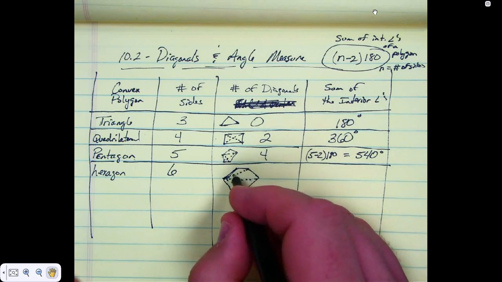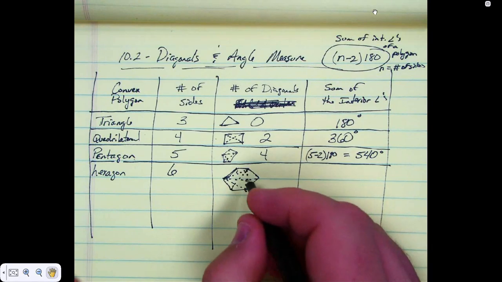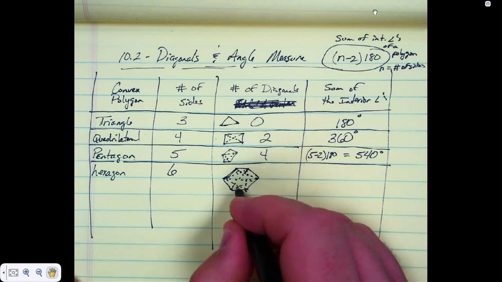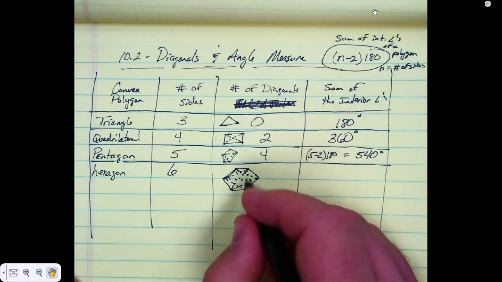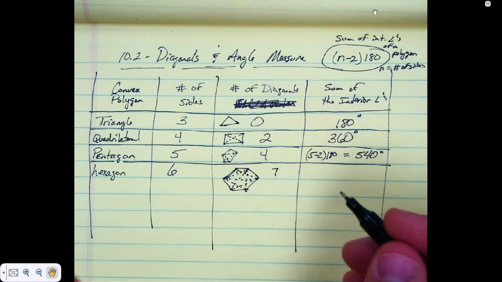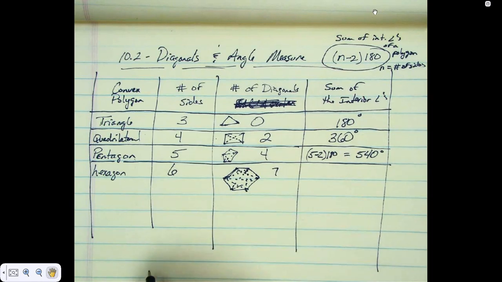From this one, I've already drawn that one, right? So there's 4, 5. From this one, I haven't drawn this one. 6, drawn that one. 7. That's right, isn't it? Sometimes it helps to make it even a little bigger.